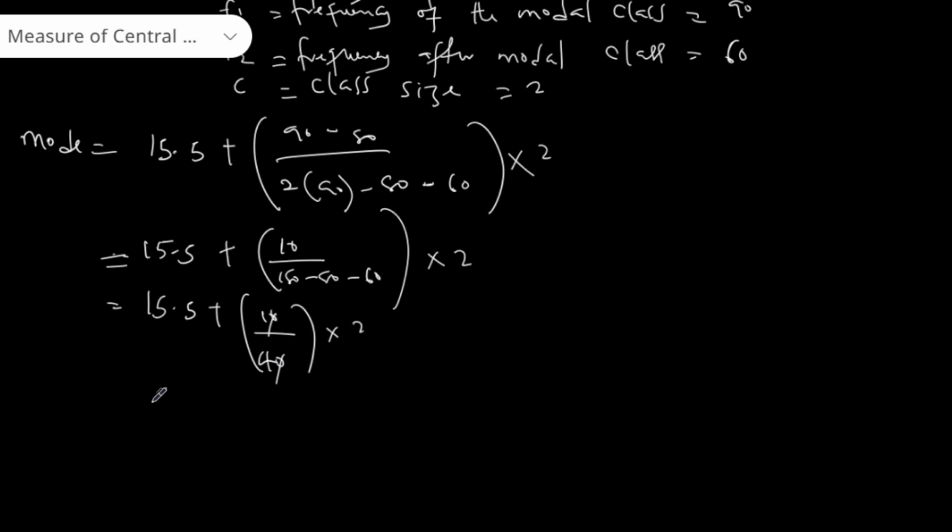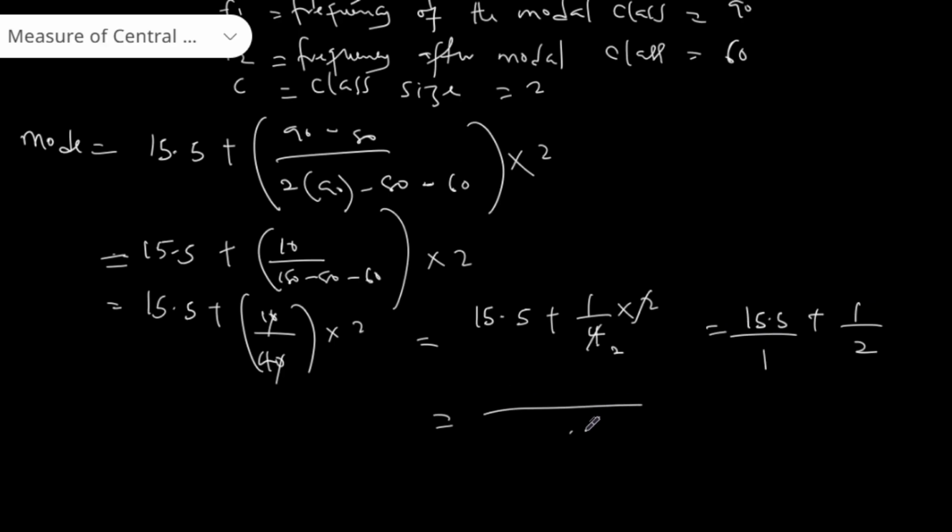0 cancels 0. This will give us 15.5 plus 1 over 4 times 2. So we cancel out, we have 2. This is equal to 15.5 plus 1 over 2. Of course, this is over 1. Take your LCM, this is 2. 15.5 times 2 is 31, right?